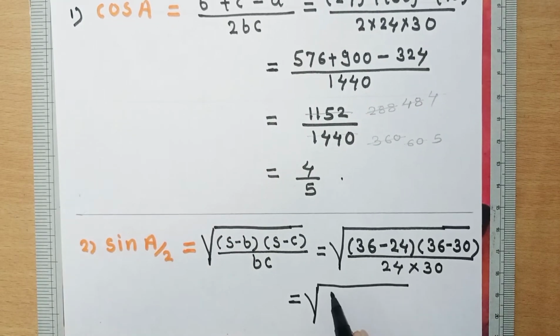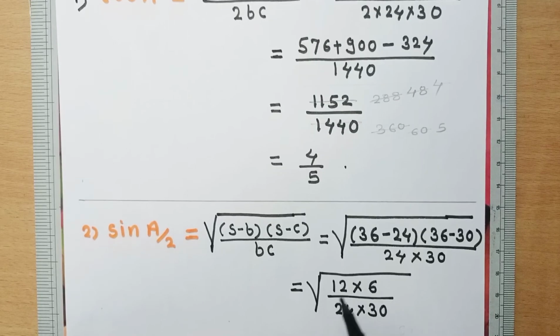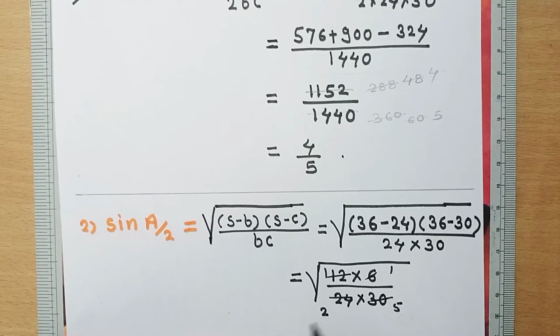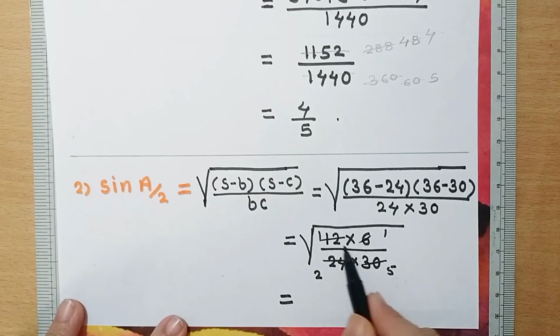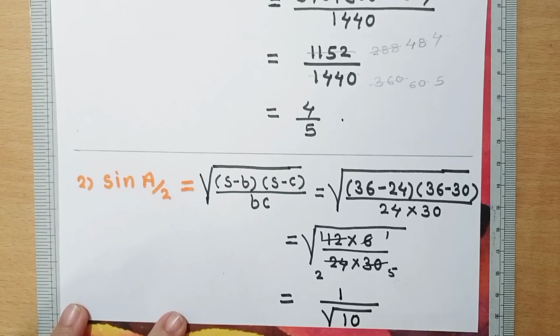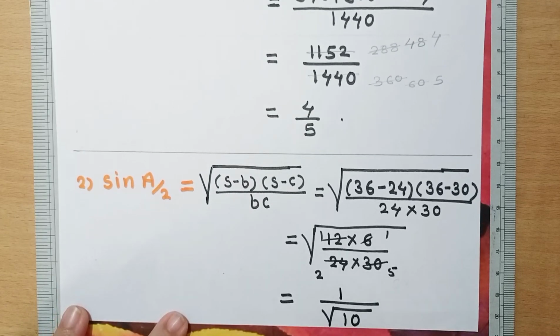This subtraction gives 12, multiplied by 6, upon 24 multiplied by 30. 12 twos are 24, 6 fives are 30, so the final answer is under root 1 upon 2 fives, which is under root 1 upon 10, so the value of sin A by 2 is 1 upon root 10.